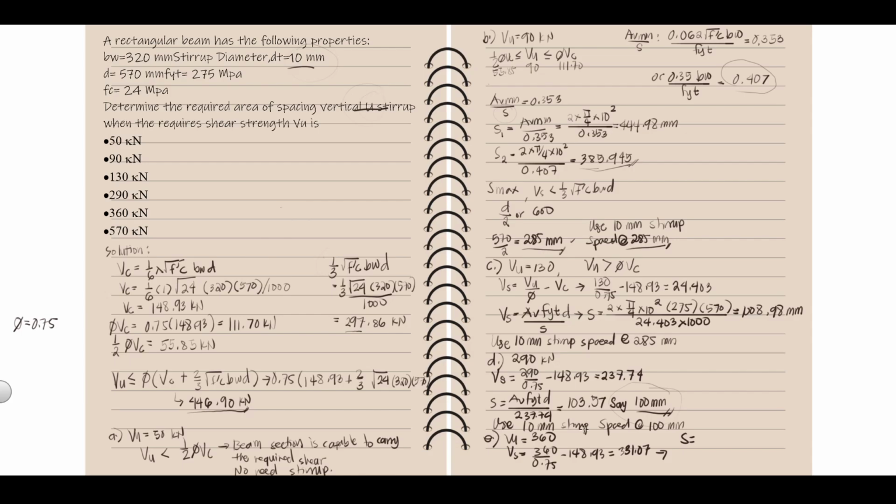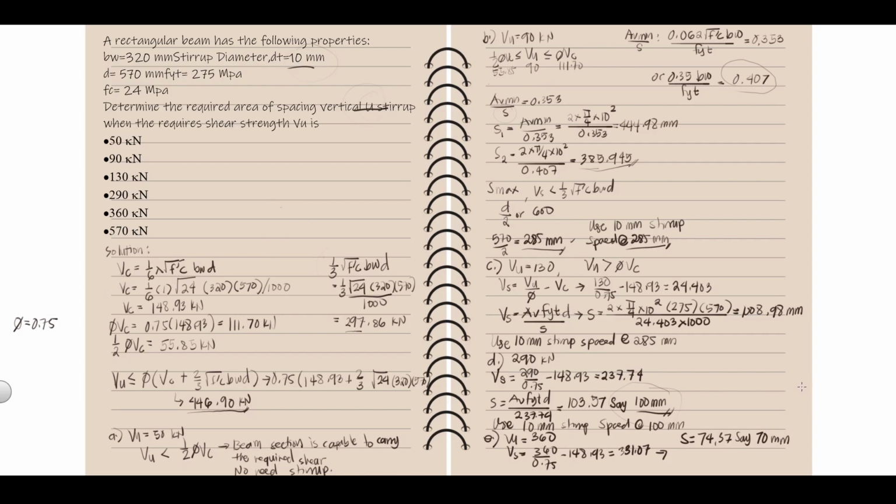Okay, wala namang magbabago dun sa AV. Okay, mula simula. FYT, wala din. And then yung D, walang magbabago. So, that is 74.37. So, let's say 70 mm. Okay, so ngayon, we compare it to our S-max.